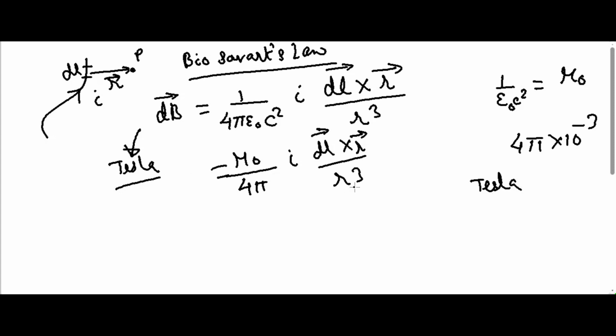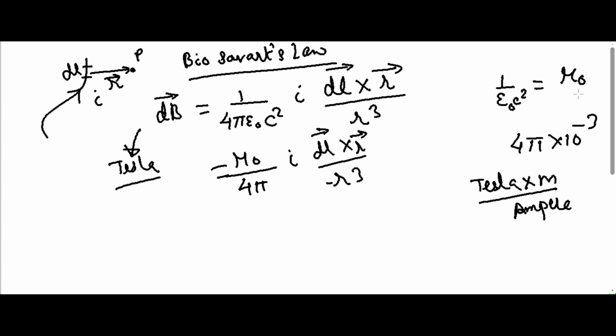So r meter square, meter into meter, is meter squared by meter cube, will be 1 by meter, which will go to this side as into meter. So Tesla meter, I will come down to this side of the equation, divided by ampere.